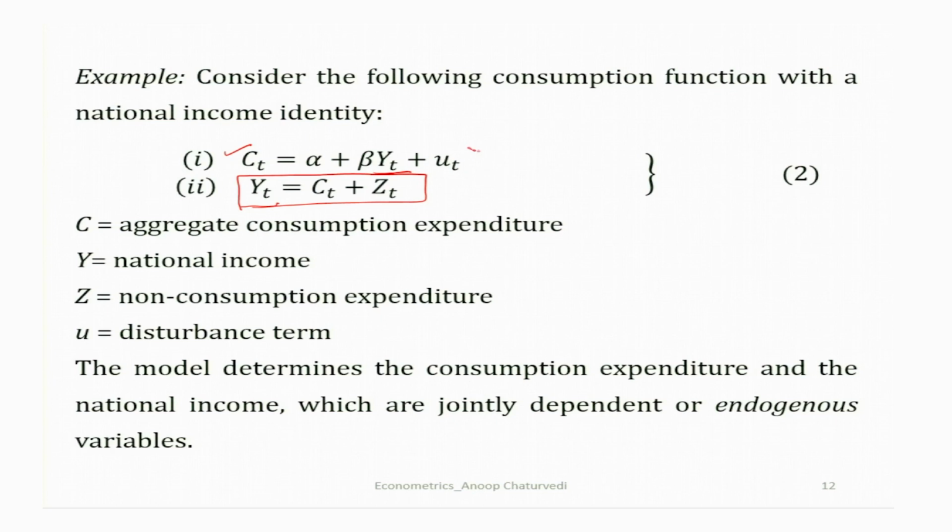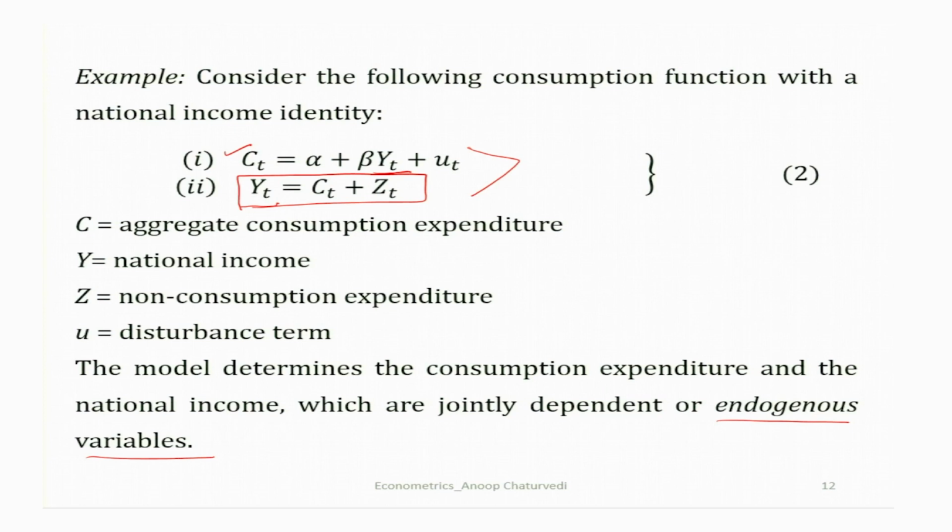Simultaneously, these two equations are determining C and Y. So, the model determines the consumption expenditure and the national income, and these two variables are the jointly dependent or endogenous variables. So, the model has two endogenous variables.